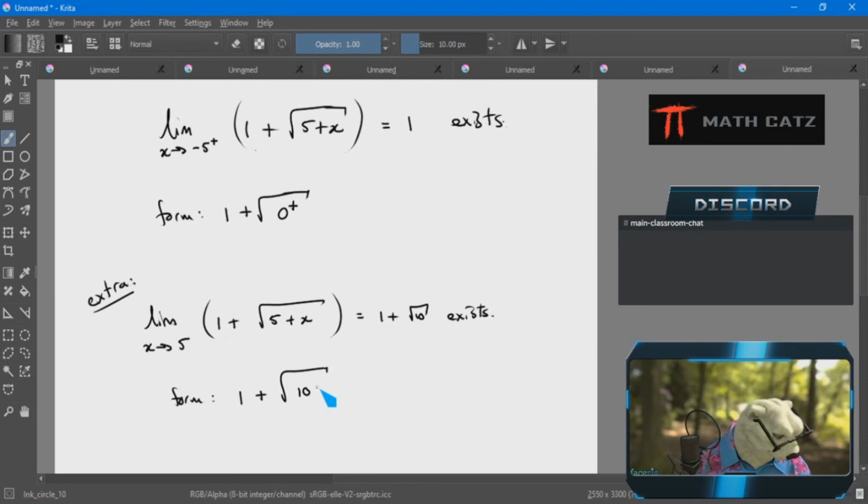I'm not sure what your question is here. 5 plus -5 from the right. It's not a one-sided limit, right? So I can't say plus or minus here. But that's sort of my point, that you expect something like this to have a plus or a minus, only one side. You expect inside the square root to be 0. So then many people just assume it's going to be 0.